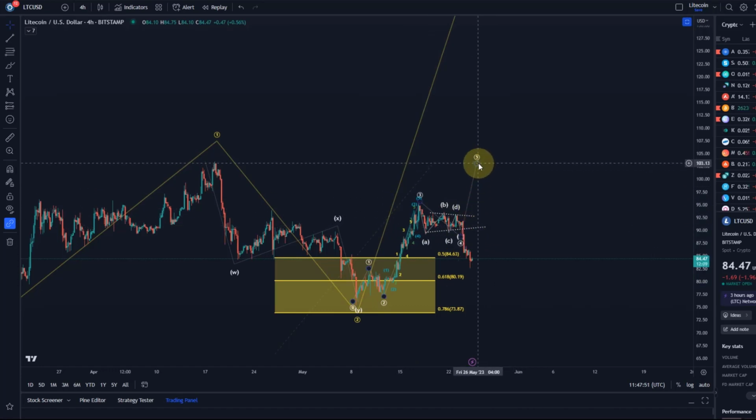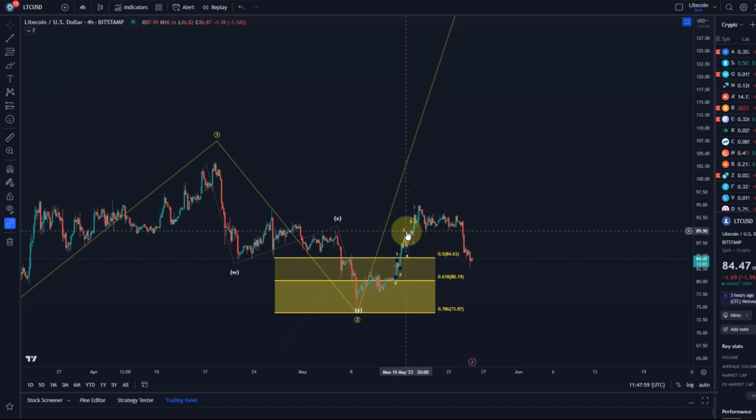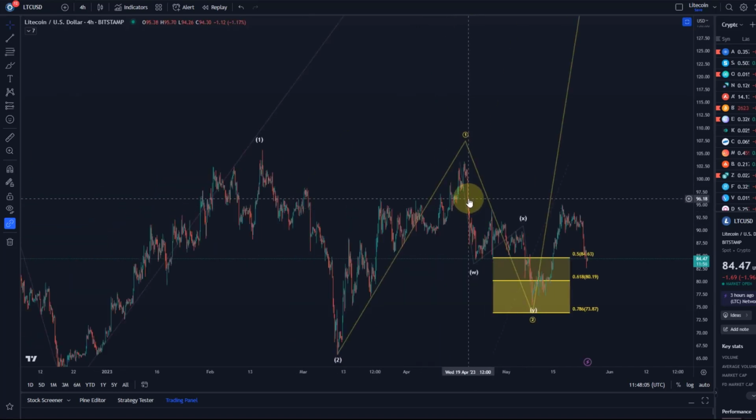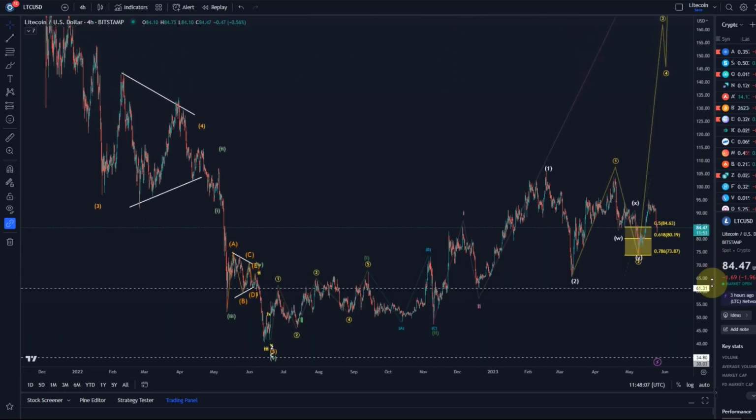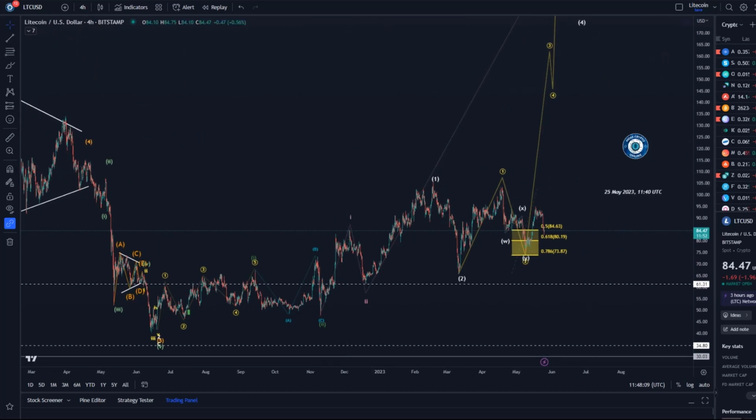What it purely does is we have to do the recount, and it seems to be unfolding in the alternative count. I showed you that alternative count, maybe not in the last video, but I think a couple of videos ago. And that actually means that this assumption of a series of 1-2 setups is being challenged, and we have to take them out.